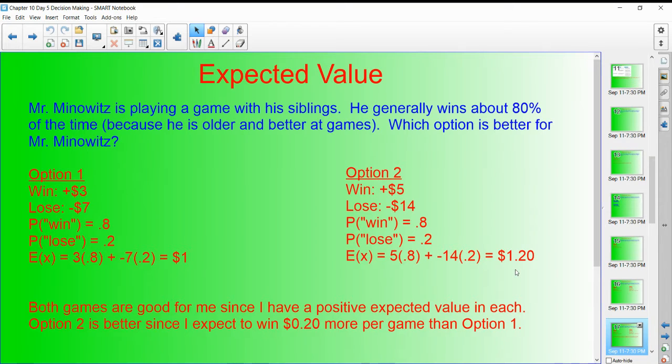So both games are good for me, bad for my siblings, because I have a positive expected value. But option 2 is the better option to pick. I win 20 cents more per game. Even though I might lose $14 and I'm only going to win 5, option 2 is slightly better because it's got a higher expected value for me.